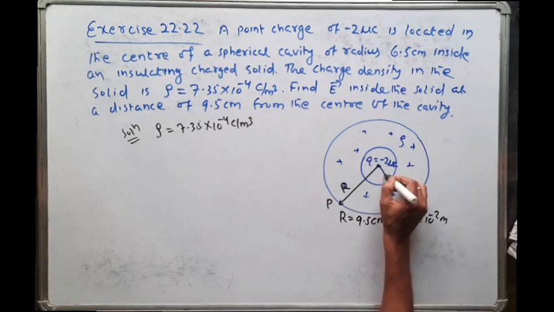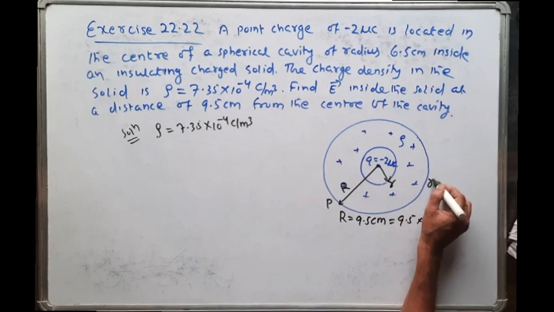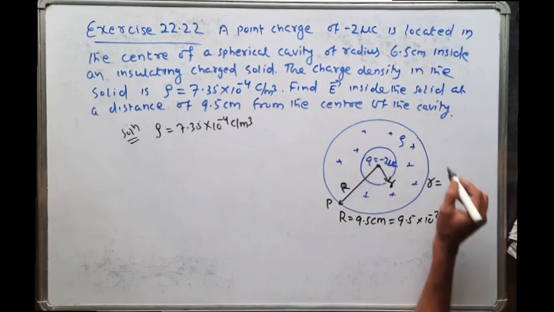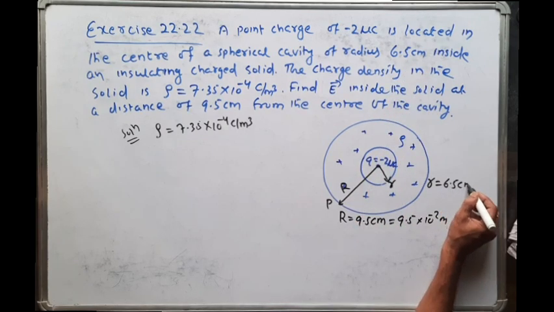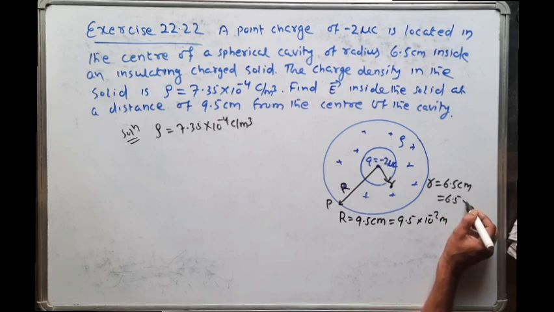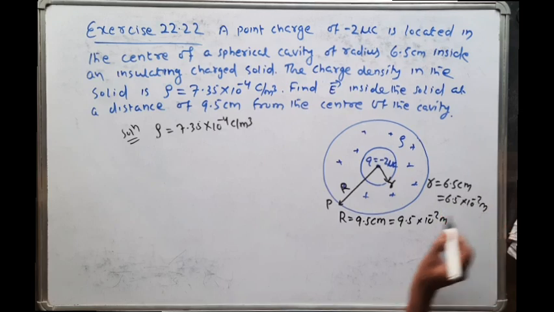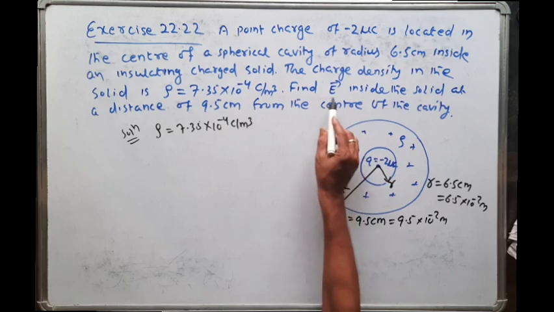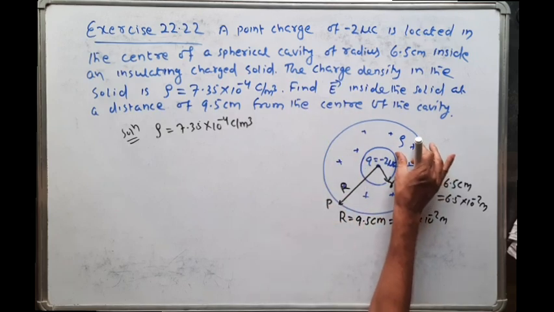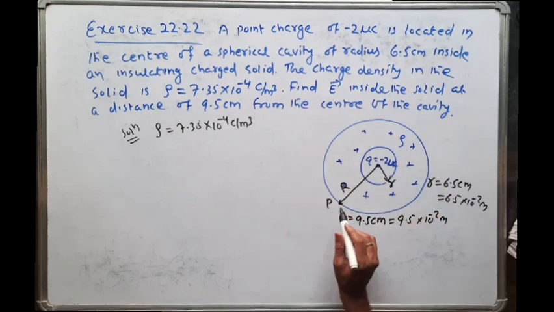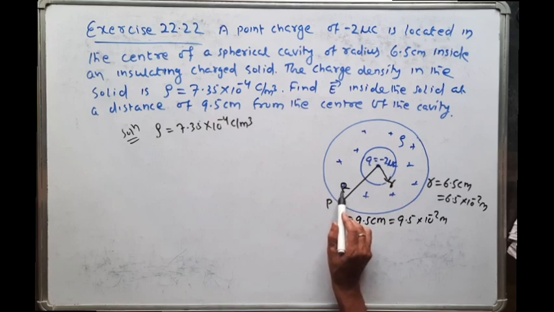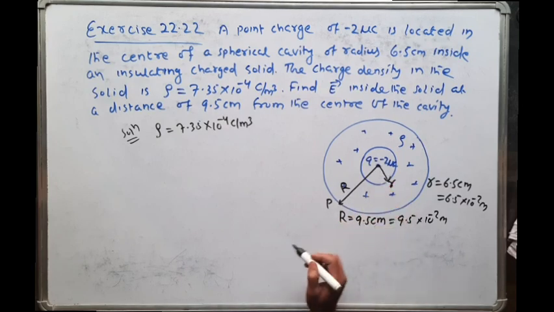And this spherical cavity has radius, say, R, which is given as 6.5 centimeter. We have to find the electric field intensity inside the solid conductor at 9.5 centimeter from the center.